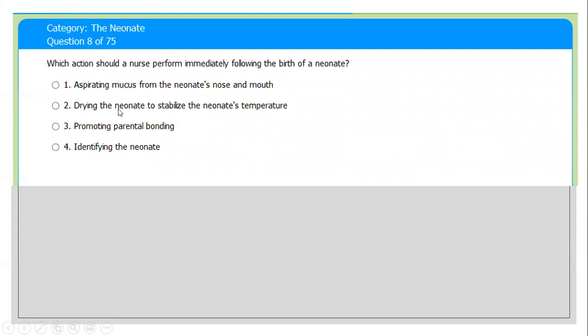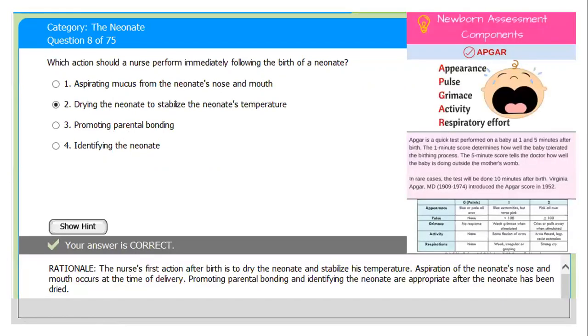Number two, drying the neonate to stabilize the neonate's temperature. Number three, promoting parental bonding. Number four, identifying the neonate. The correct answer is number two, drying the neonate to stabilize the neonatal temperature.